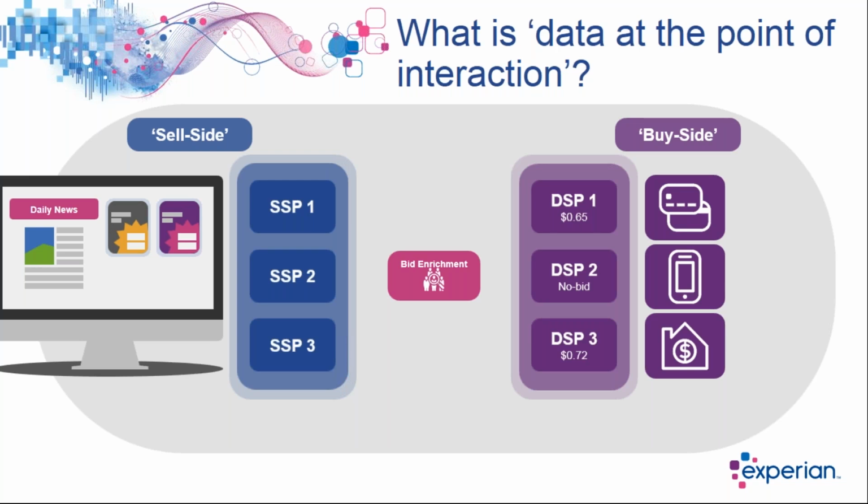And here what we do is we actually enrich the bid as it goes through the ad exchange and offer that for auction. So now the DSP still wins. It pays a little bit more because we've had to add data, but it wins a dynamically priced auction for both media and data together.